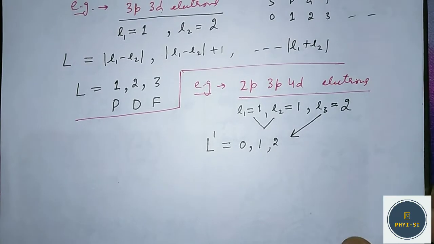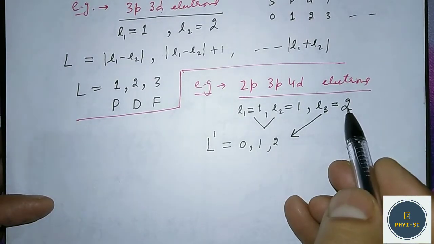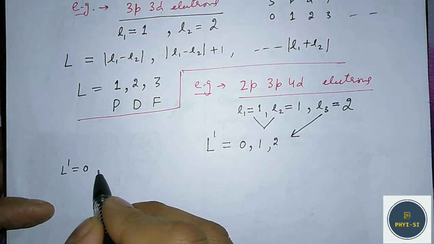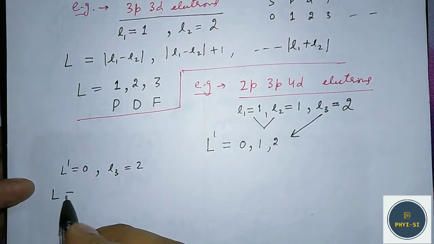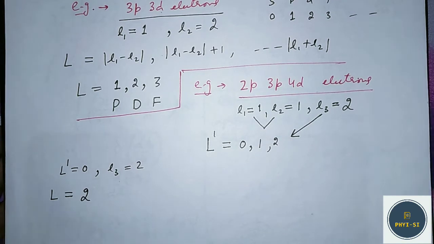First of all, we will take L dash equal to 0 and L3 equal to 2. So we'll have the values of L from 2 minus 0 to 2 plus 0. So L is equal to 2. Okay, so this is D state.